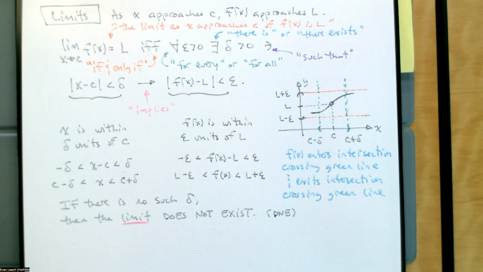So we want to look at some limits that don't exist, and we're going to visualize the limits, and then we're going to think about this definition and why those limits don't exist.